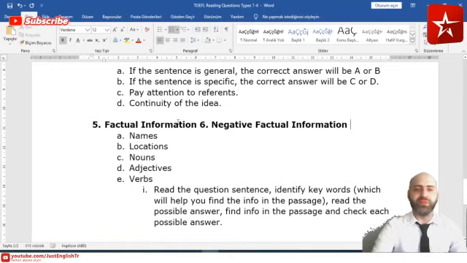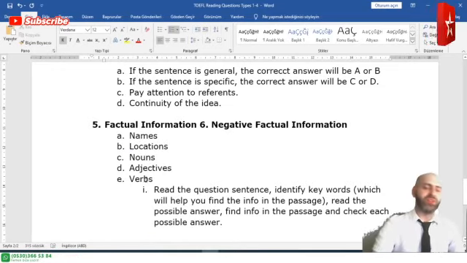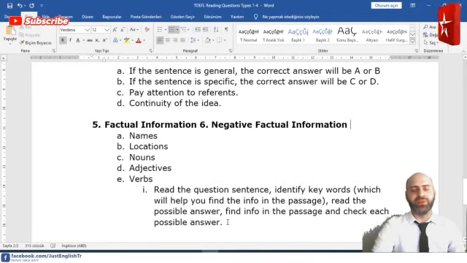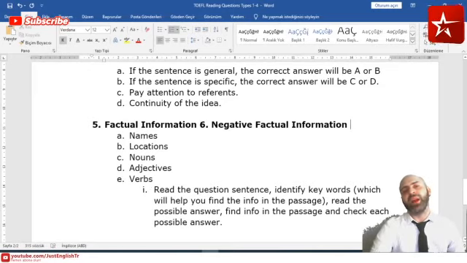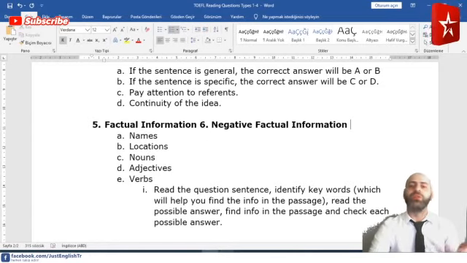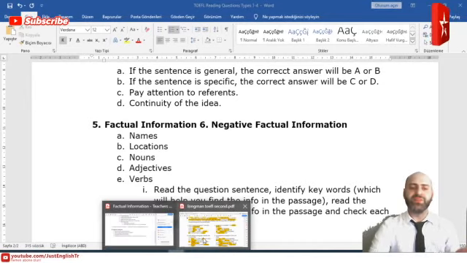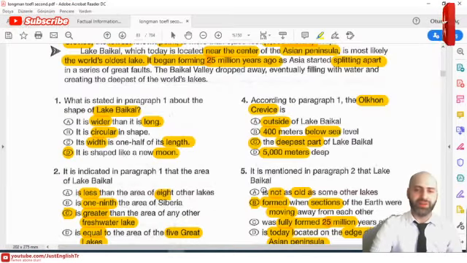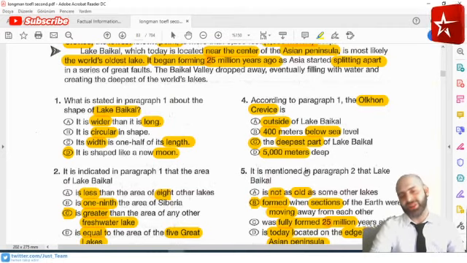The types of questions are again the same, about names, locations, nouns, adjectives, verbs, and the way you should solve it is exactly the same, but the ideology is different. You are checking if it is correct, not your answer. If it is mentioned, not your answer. So the question will be "it is not mentioned."